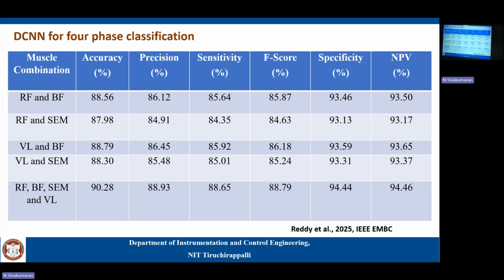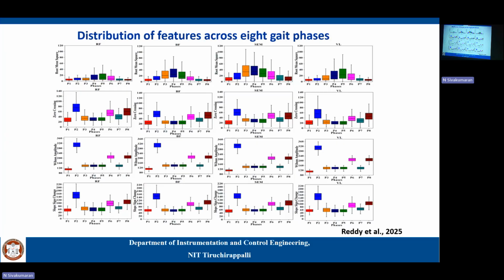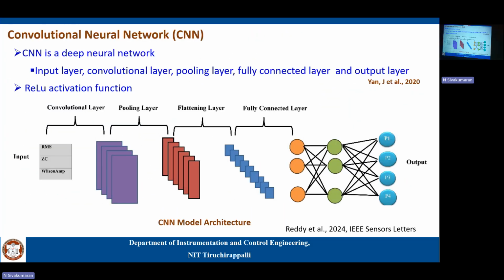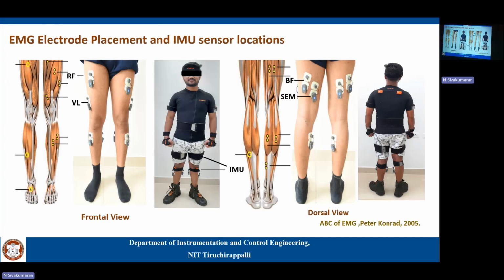I compared two muscles, like RF and BF, RF and SVM. If you closely look at the placement of electrodes, you see the front two muscles and the back two muscles. You remember in the last session we were talking about agonist and antagonist.